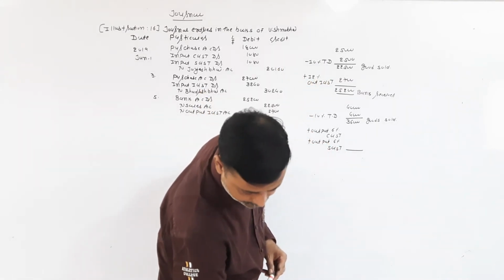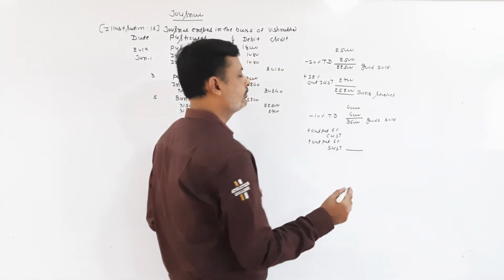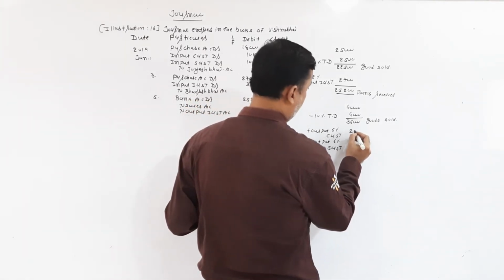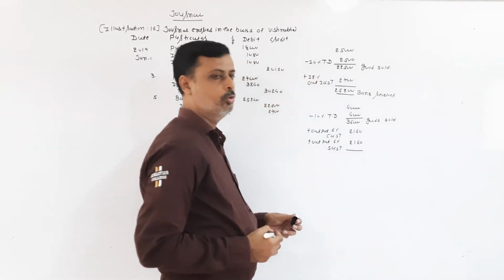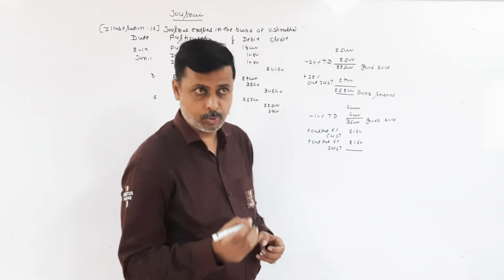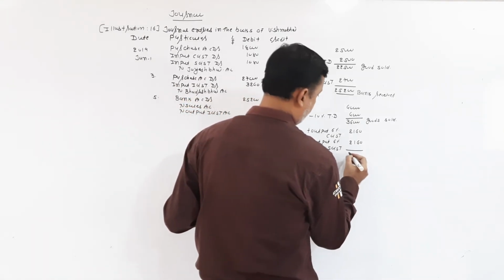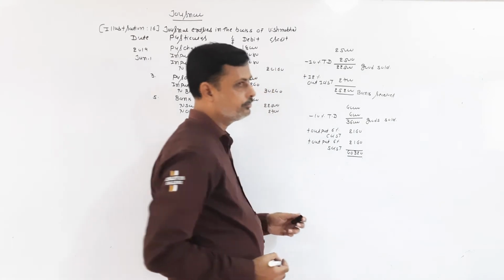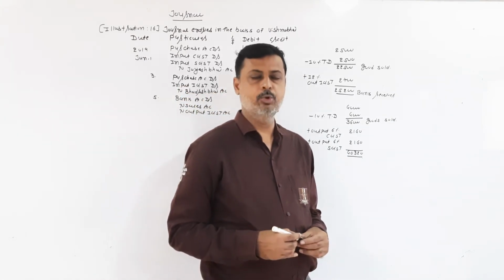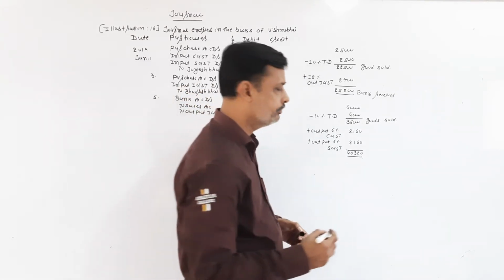So 6% is required, so 2,160 and 2,160. So the total is 40,320. And these goods are sold to Anil Bhai.